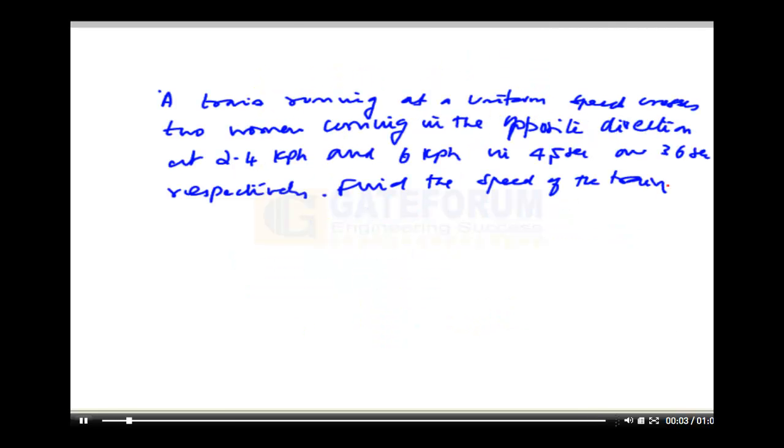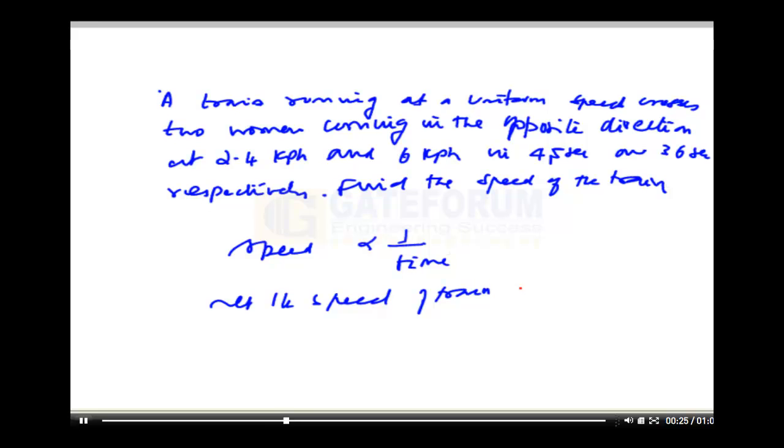A train of uniform speed crosses two women coming in the opposite direction at 2.4 kilometers per hour and 6 kilometers per hour in 45 seconds and 30 seconds respectively. Find the speed of the train. We know speed is inversely proportional to time. Let the speed of train be x.